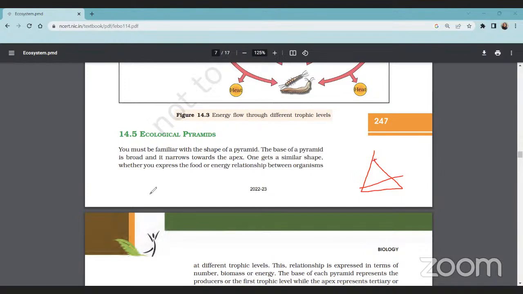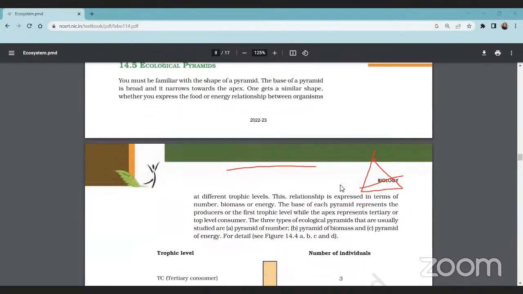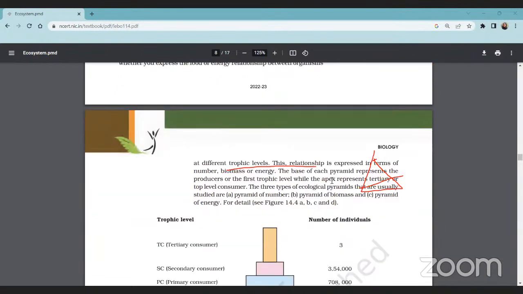In the food chain, the energy relationship between the organisms at different trophic levels is expressed in terms of number, biomass, or energy, that is, how the energy is transferring.